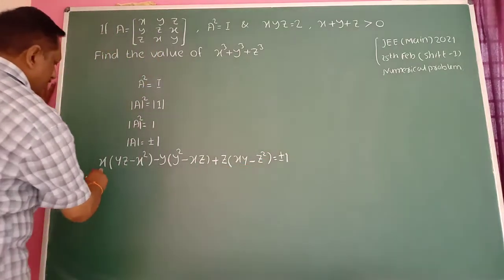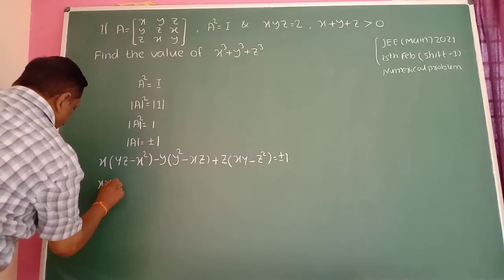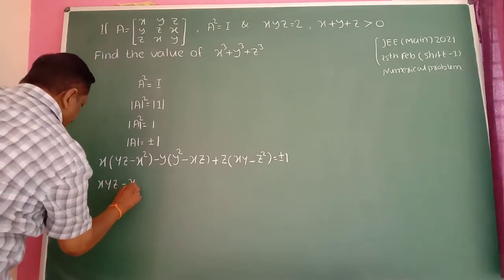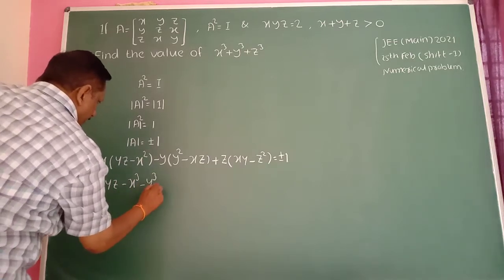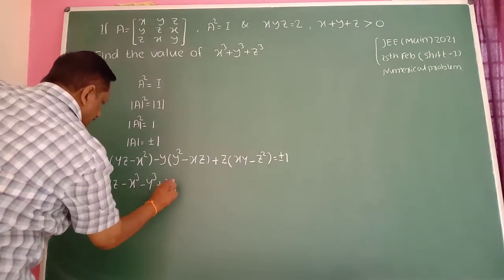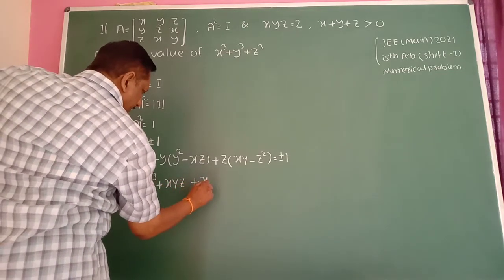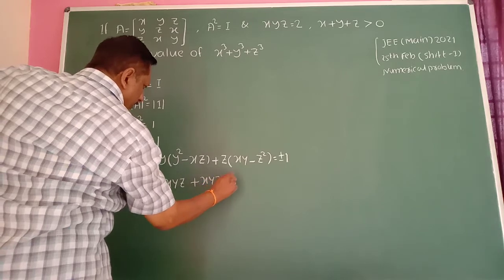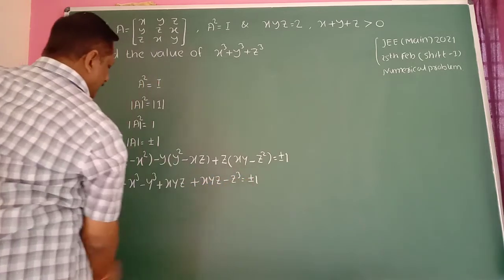Take x inside, so xyz minus of x cube minus of y cube, minus of minus plus xyz, then again plus xyz minus of z cube is equal to plus or minus 1.